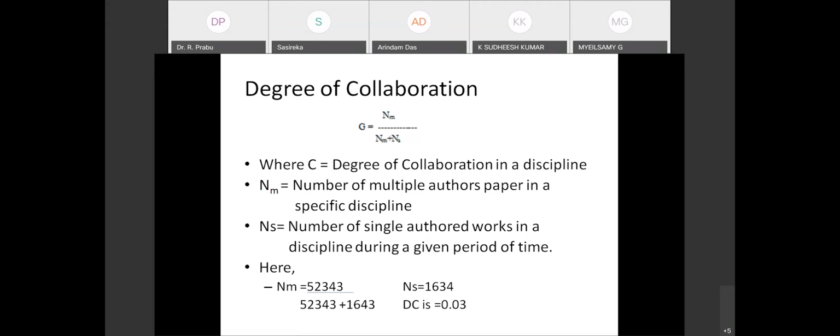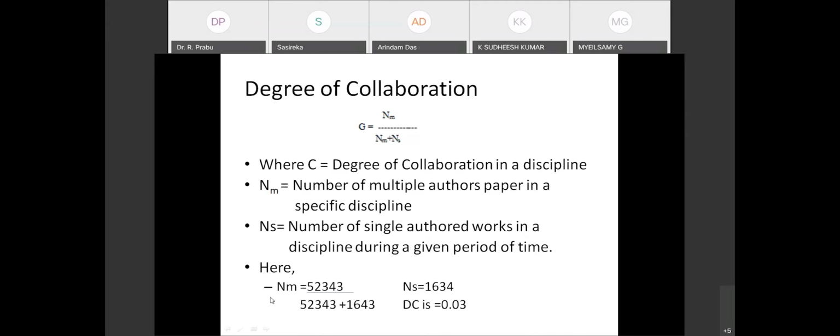Yeah, so this is the formula of degree of collaboration, where Nm means the number of multiple authored papers in a specific discipline. So we can see in wind energy what the number of multiple authored papers is in the area of wind energy. And Ns means the number of single authored works in the discipline during a given period of time.